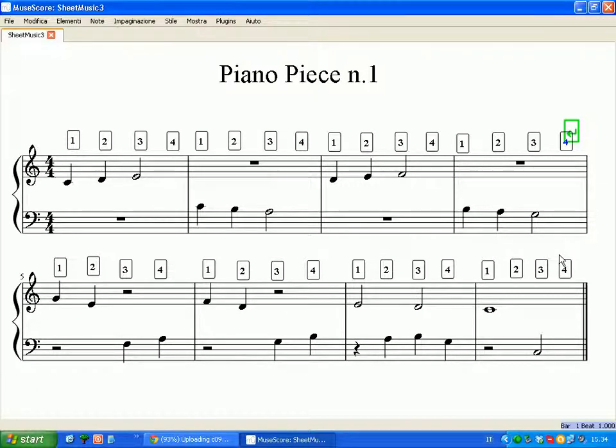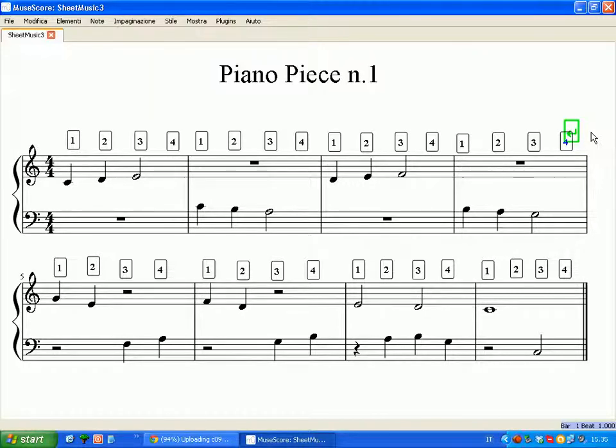In the first 4 bars we have our beats. We have the beats, and so as we said before, we are going to hit the desk with the pencil. So we're going to do something like this. The first beat will be, then the second, then the third, and then the fourth.